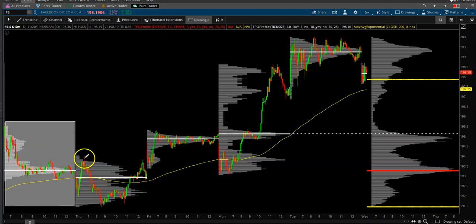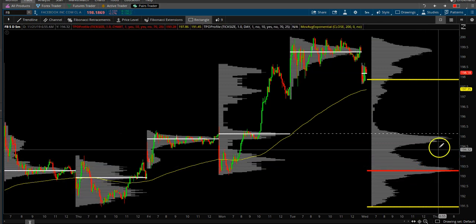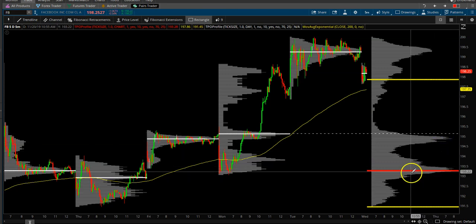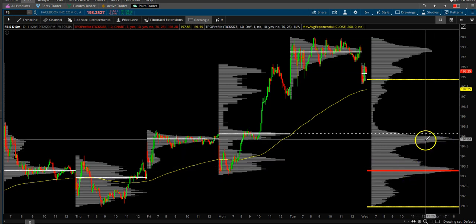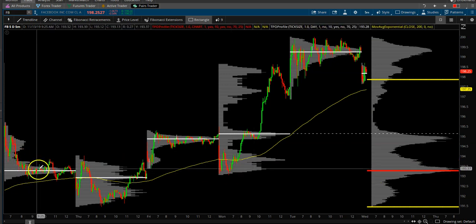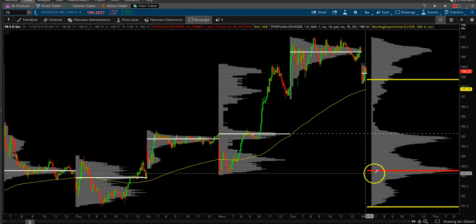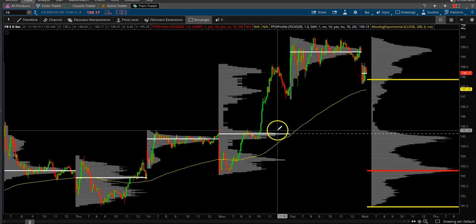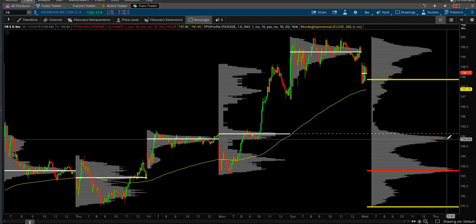So tomorrow, this whole thing could get shifted, and potentially this could shift up or down. Your points of control will probably shift up because there's a lot of volume that created this. But without that day, then this actually might become the new point of control tomorrow.